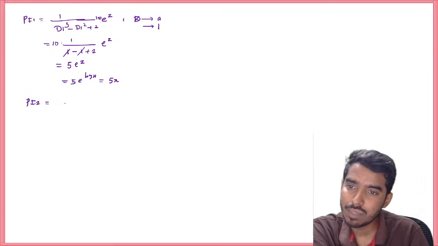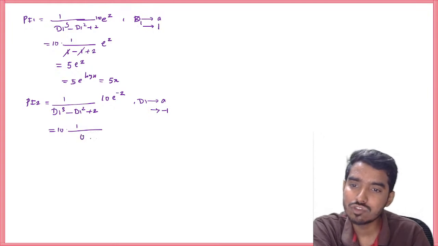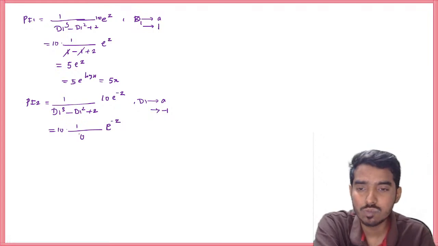Now similarly you find PI2, so 1 divided by D1 cube minus D1 square plus 2, of 10 into e power minus z. Now if you put D1 to be a, a is minus 1 here, so we will have this to be 0, right? Because minus 1 minus 1 is minus 2, plus 2 is 0.